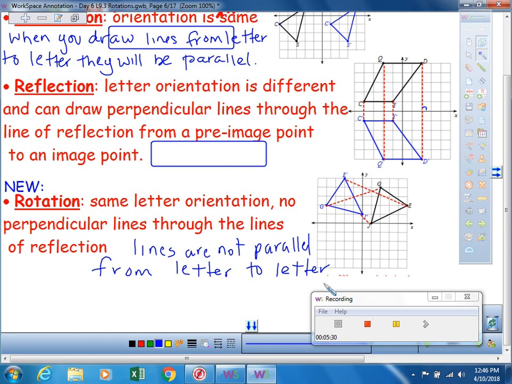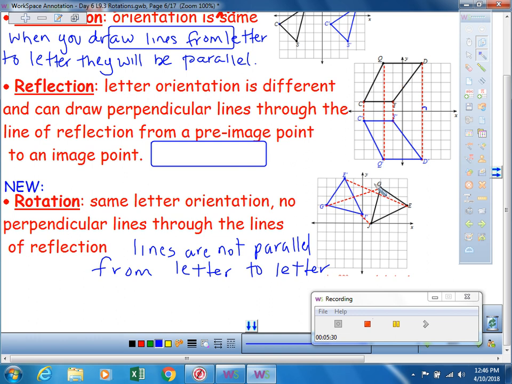So this is where I would start. I would start just looking at the shapes and seeing if you can kind of see what it is. Then I would go to the letters. Are the letters in the same order? If they are in the same order, you cross out reflection. If they're not in the same order, then you know automatically it's a reflection.